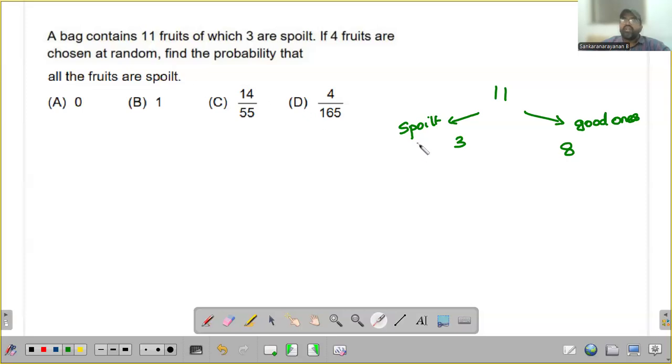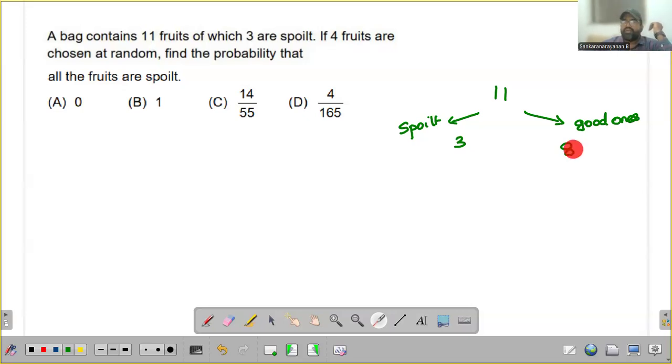It is very evident that the number of spoiled is equal to 3, but you are choosing 4 fruits, right? So the question is, find the probability that all the fruits are spoiled. So when you are choosing 4, only 3 will be spoiled. All 3 will be spoiled and 1 will definitely be a good one.